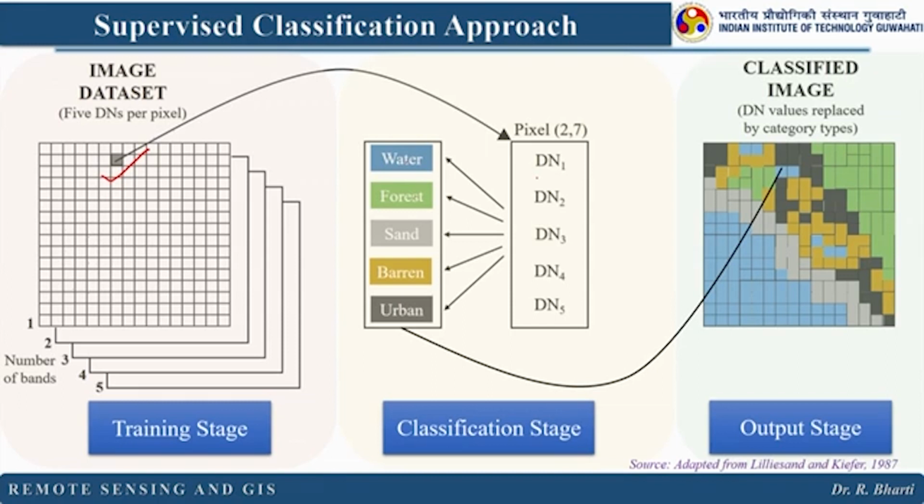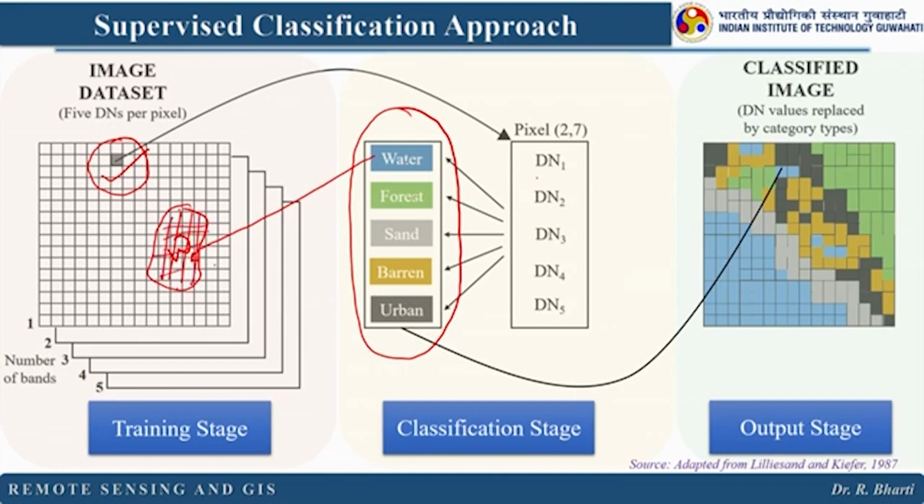So here what exactly we are doing? We are identifying an unknown pixel from the image and we have collected this information from the field, then we have plotted this. Let us say this is water, this one is here. So we know that the range of DN values are coming from this particular class, right. So again, for this training data you have 5 different layers, because the area which you have collected, the GCPs, ground control points, that will be plotted here.